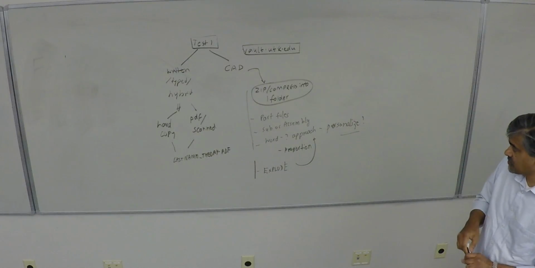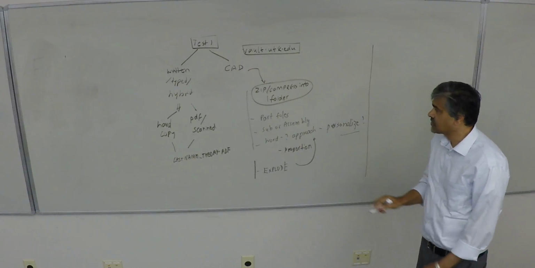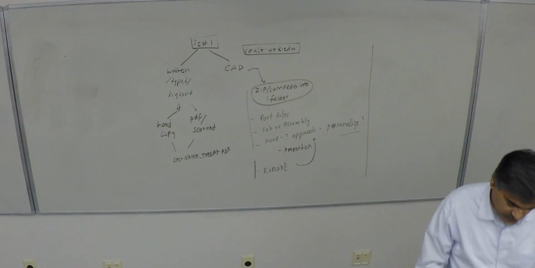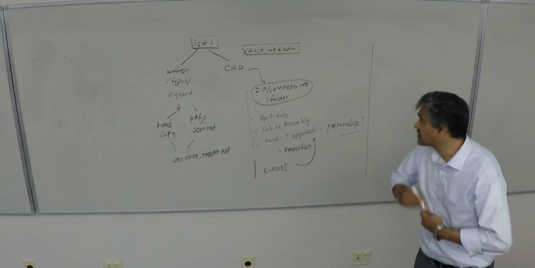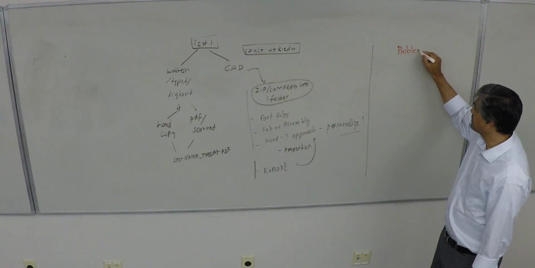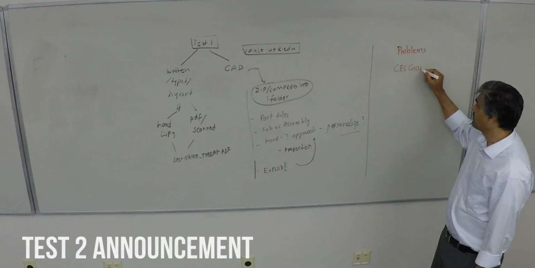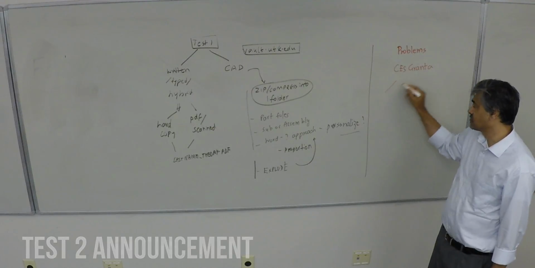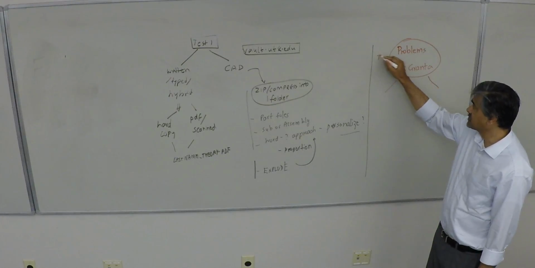Okay, so this is about test one, that's good. Now, what I'm thinking is because of the time span and where we are in the timeline, the work associated with the problems and the CES Granta work, which is coming very soon, I will start giving this as modules, meaning the work I'll assign will all count towards test 2.